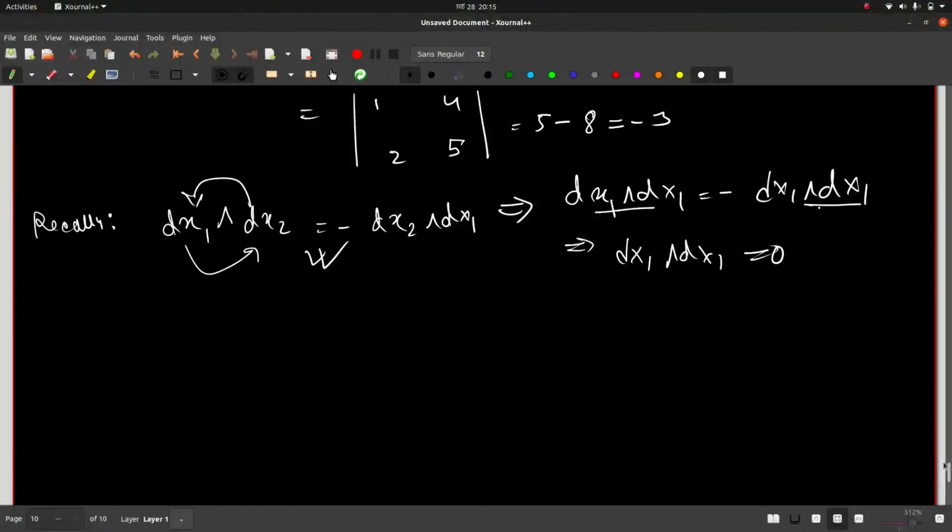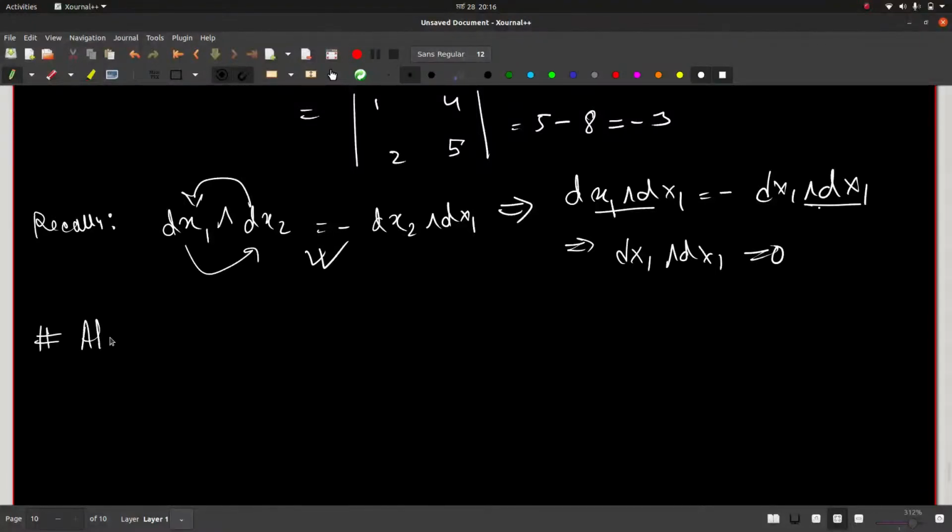And similarly, you can do things for differential 3 forms and all that. Now, since we are almost done, we want to show some properties of differential n forms, that is some algebraic properties. We will not go into the proofs, but we'll just state them here for the completeness of this lecture.